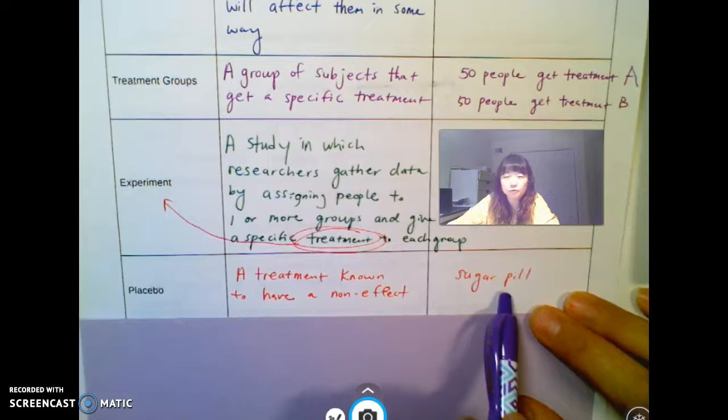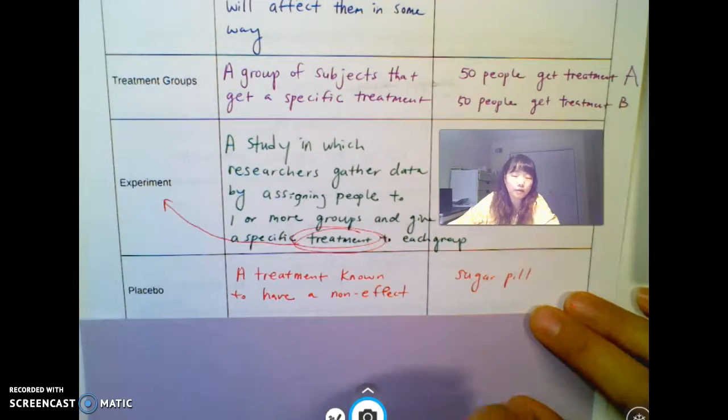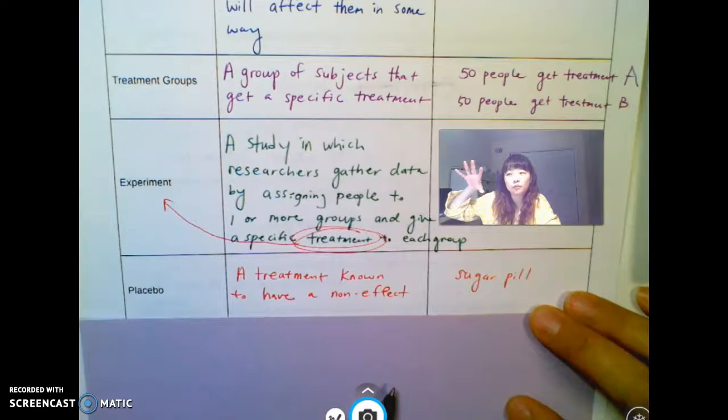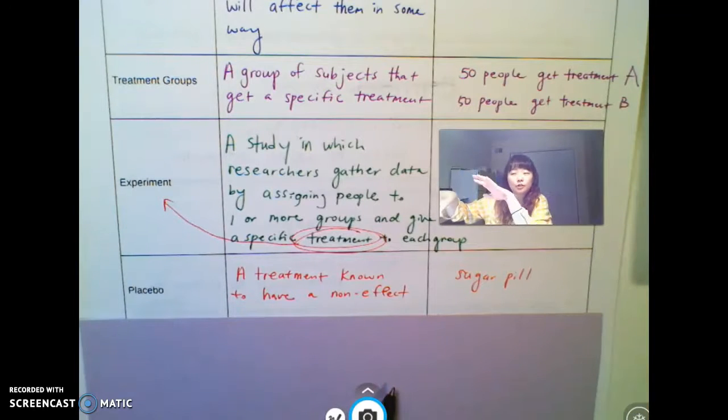When they want to roll out a new drug, they ask for volunteers: one group gets the actual drug, and the other group just gets the placebo, to see how their bodies react differently. A lot of times they just give a sugar pill, but people think, oh, I'm actually getting treatment. Nobody knows, and that's how they conduct experiments.